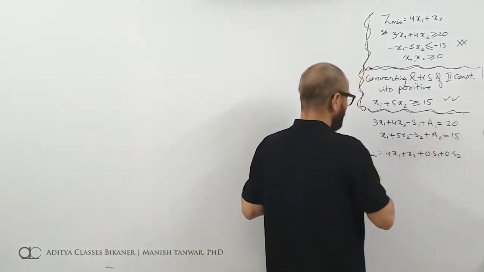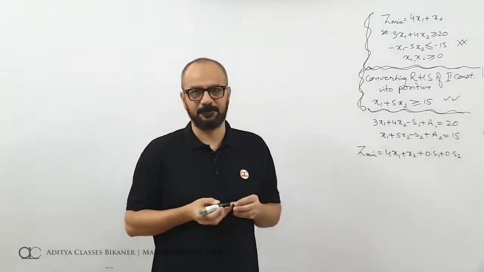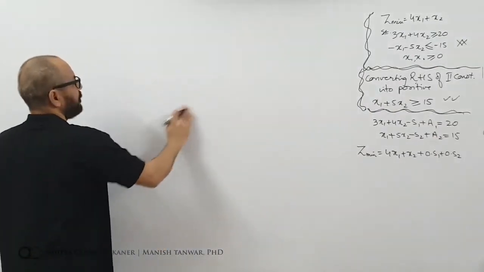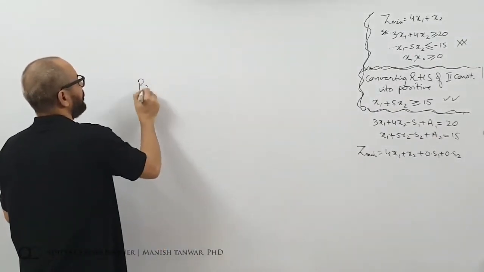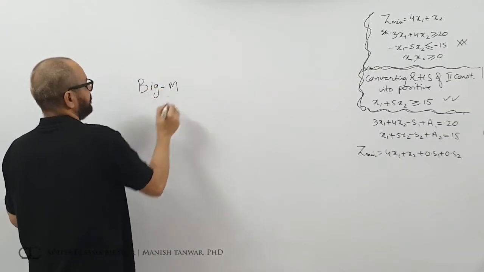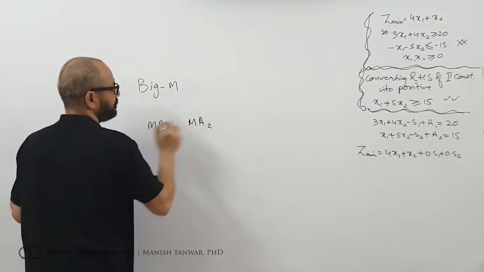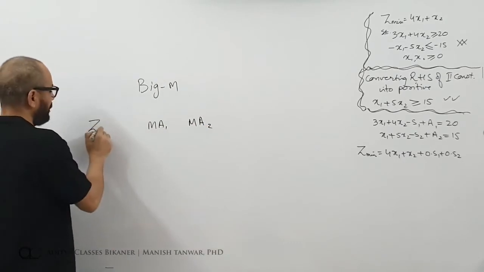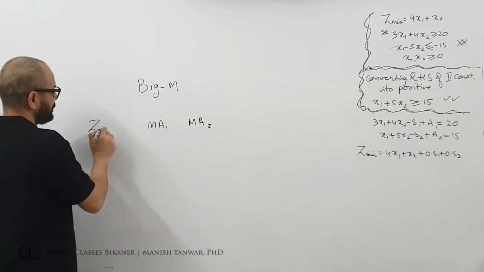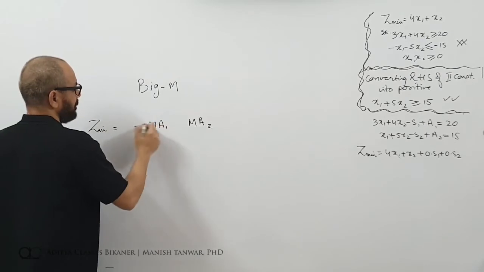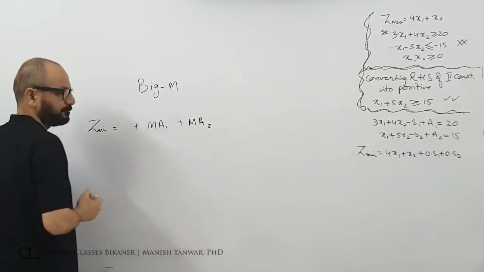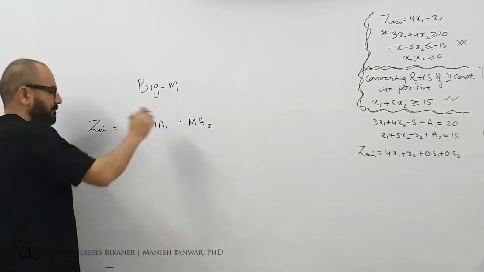Remember, it is a minimization case. For A1, A2 we make use of big M, M A1, M A2, and for minimization it is plus MA1 plus MA2.